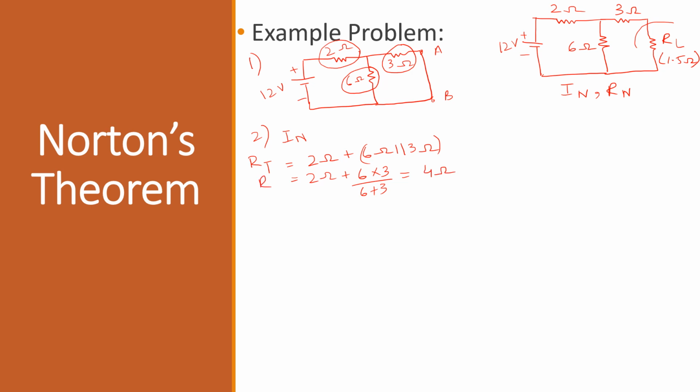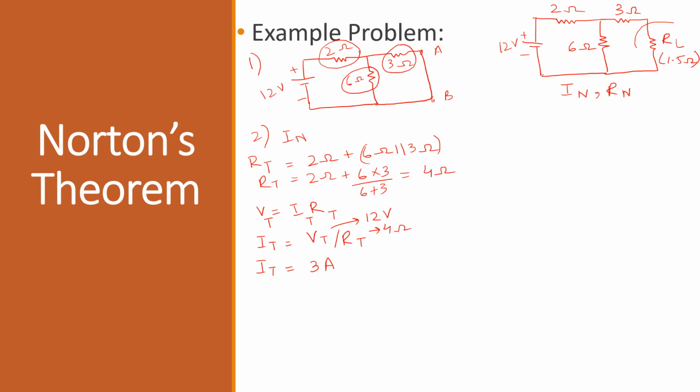So the RT is 4 ohms. From Ohm's law, we know that V is equal to IR. So VT is equal to IT RT. Now for IT, this equation will become VT divided by RT. We know that RT is 4 ohms and VT is 12 volts. Therefore, IT is 3 amperes.